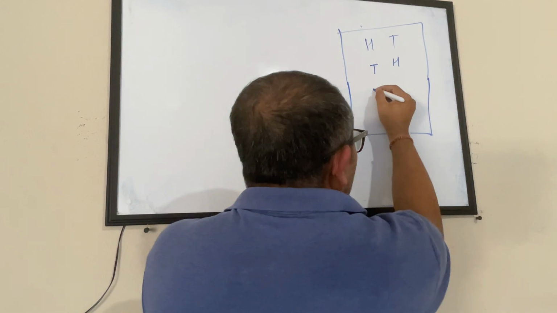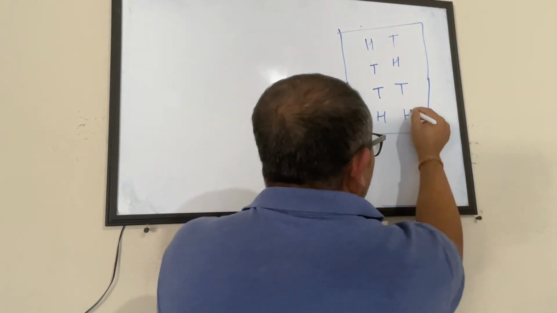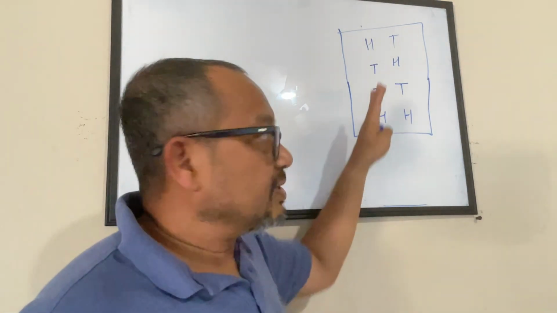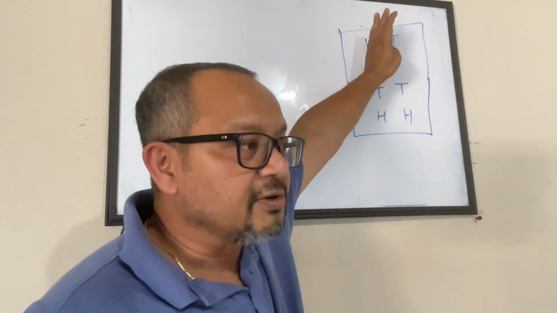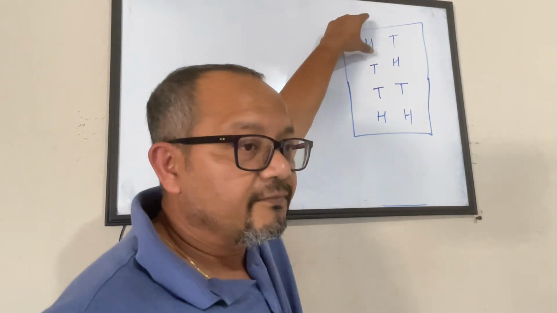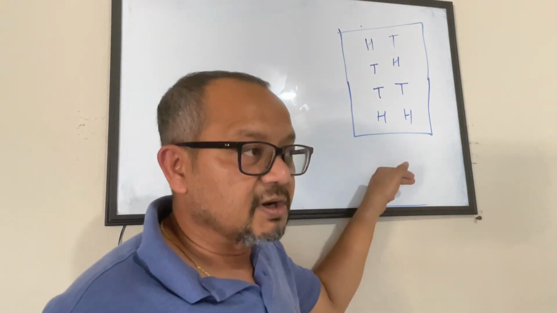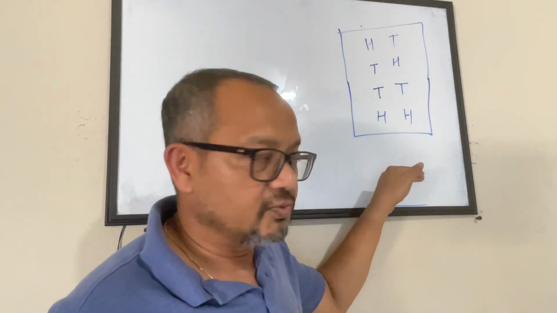Now you have started going a little ahead of me. So here what I'm trying to say is, if you have a coin to be tossed twice, how many different possibilities can you come across? This is 4.